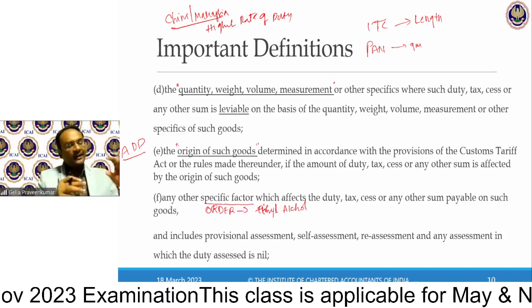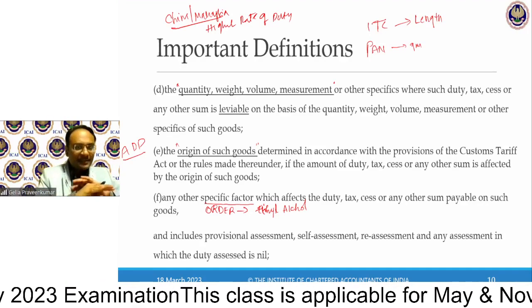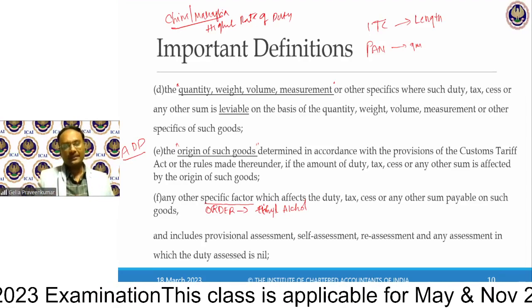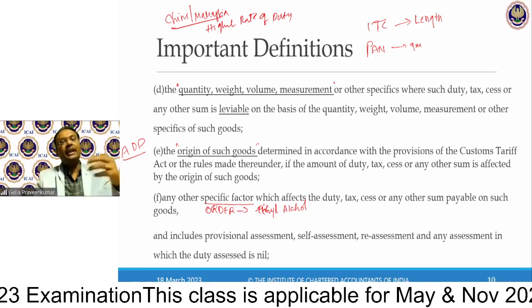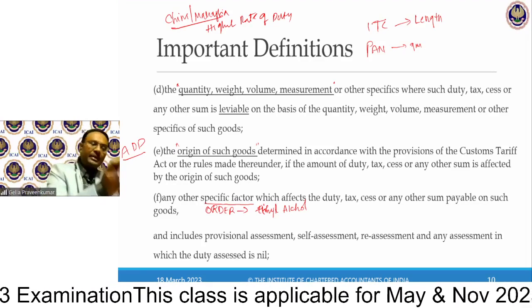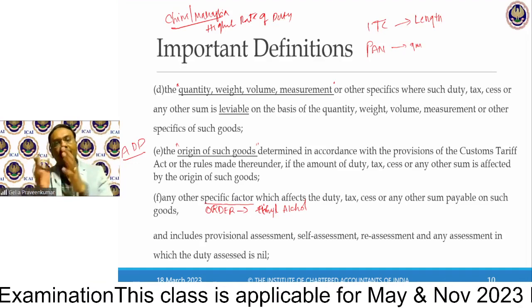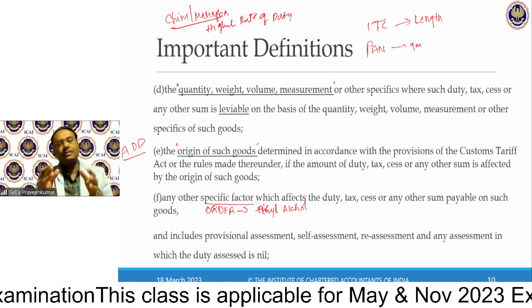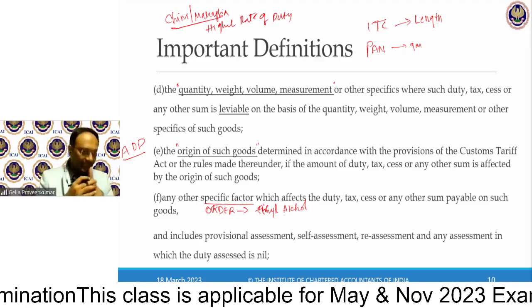Once I add chemicals to this alcohol, it can in no way be consumed by humans. At that point in time, the specific factor will help me determine whether it is a chemical for industrial purpose or an alcohol meant for human consumption. So this is another factor, business to business, which helps me understand how I have to determine my duty.